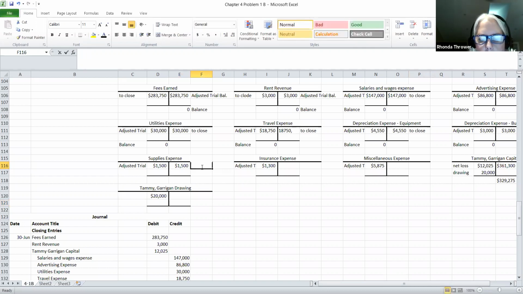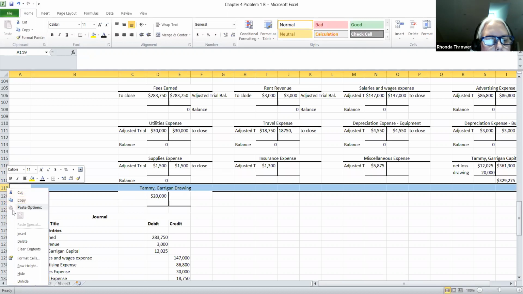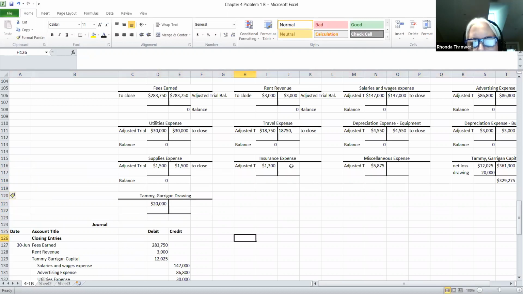Zero out all your expense accounts. Insert another line in there too, to keep them separate so you can see a little better.